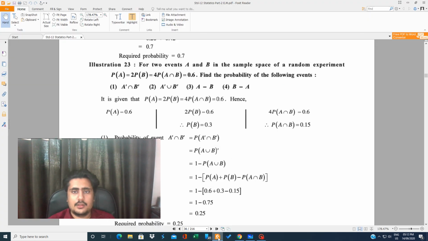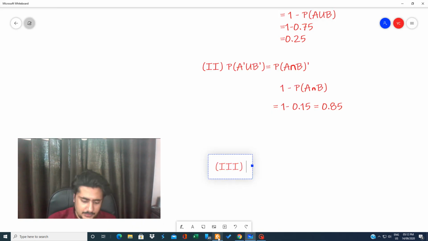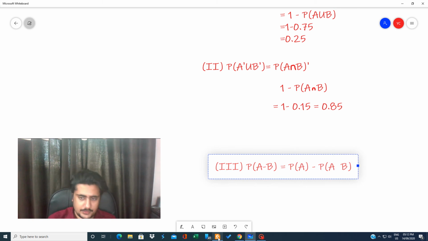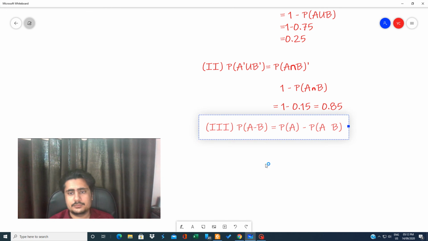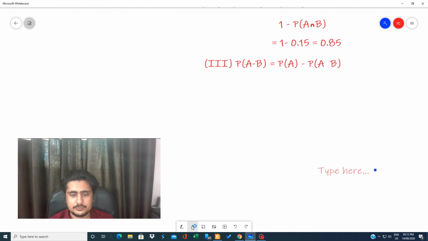Then P of A minus B. P of A minus B is P of A minus P of A intersection B. This is the formula you need to remember, okay?